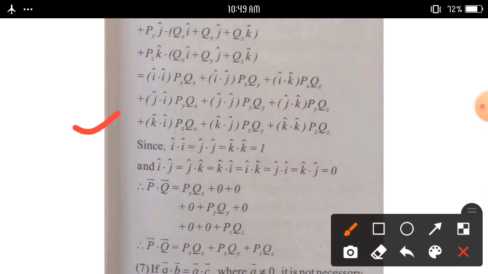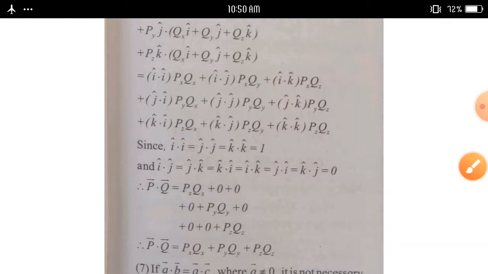Solving this: i cap dot i cap px qx plus i cap dot j cap px qy plus i cap dot k cap px qz plus j cap dot i cap py qx plus j cap dot j cap py qy plus j cap dot k cap py qz plus k cap dot i cap pz qx plus k cap dot j cap pz qy plus k cap dot k cap pz qz.